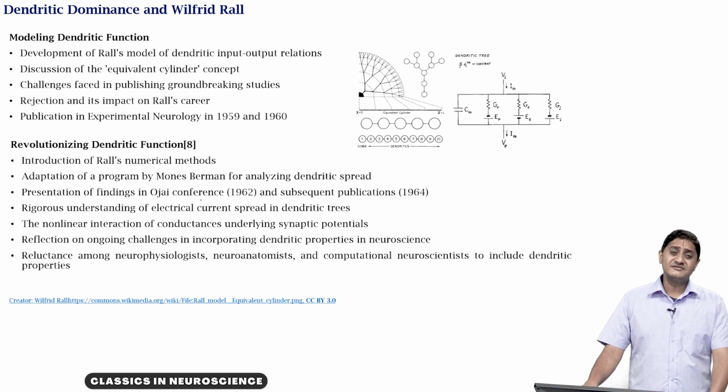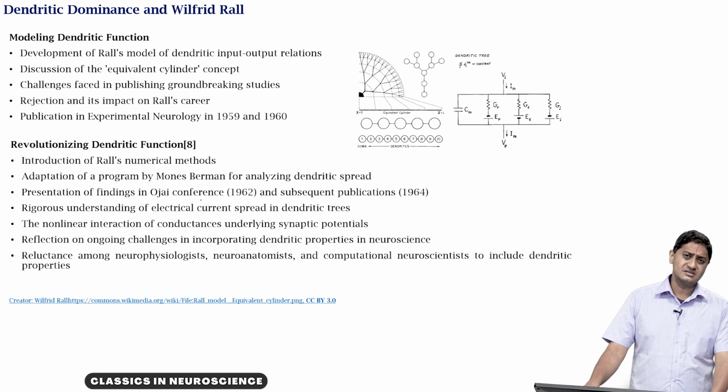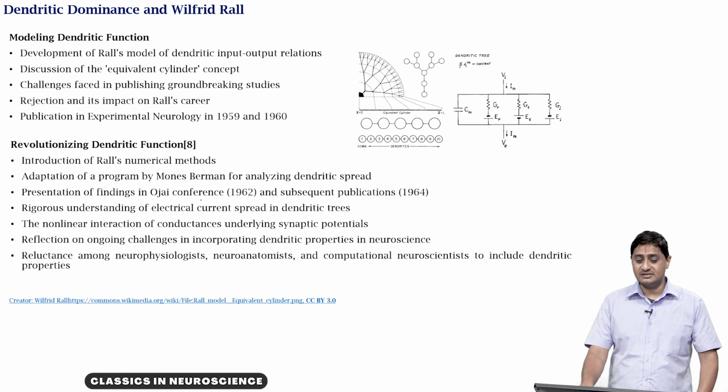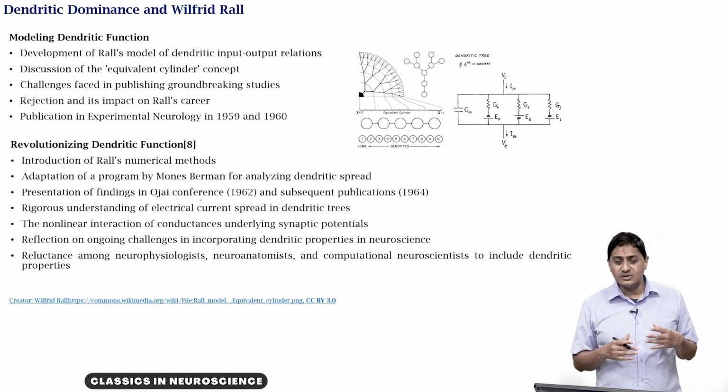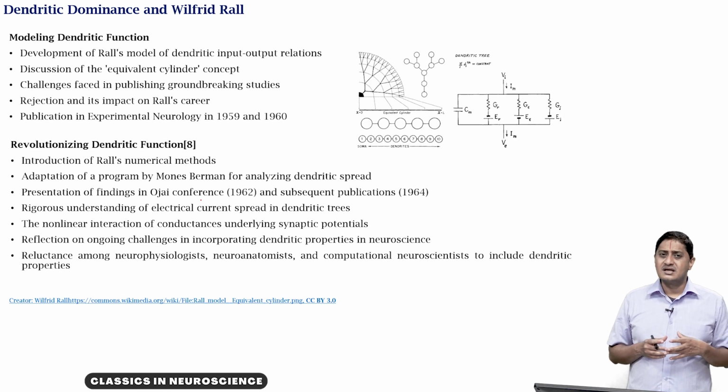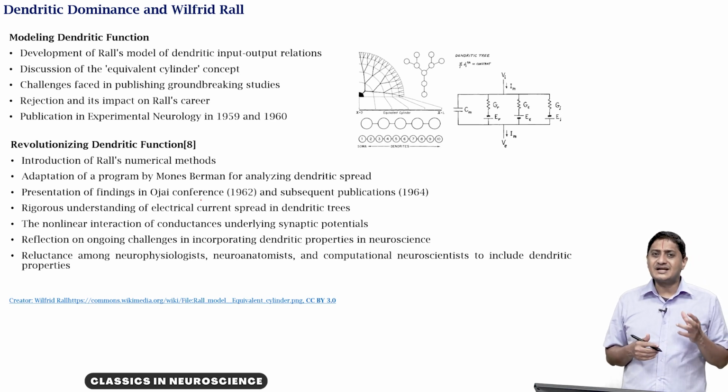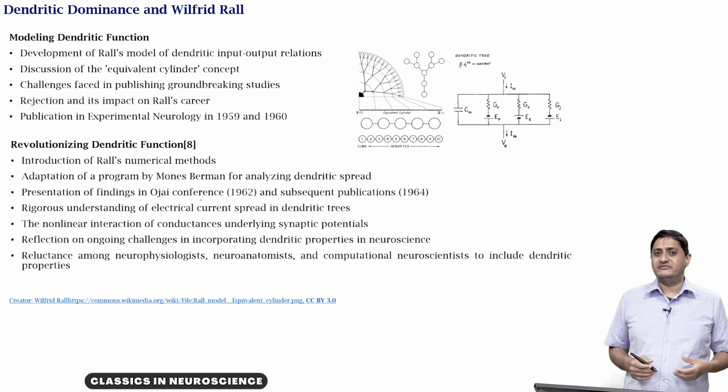Then, instead of using analytical methods like the ones that HH, that is Hodgkin and Huxley, used, he thought it might be better to use numerical approaches. So, it is important to realize that you need to choose the right method for the system that you are working with.